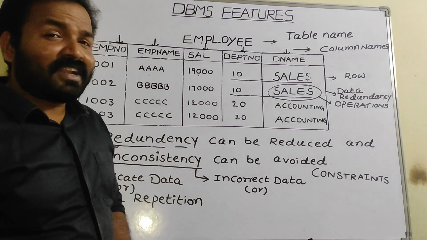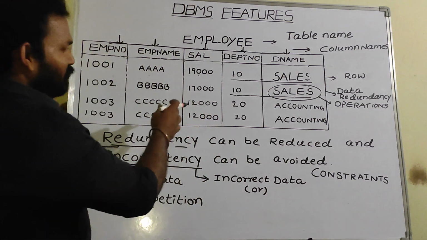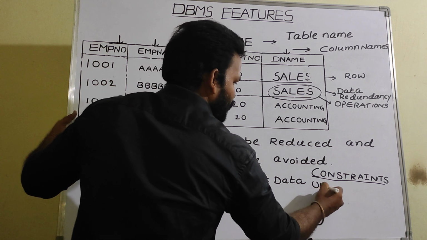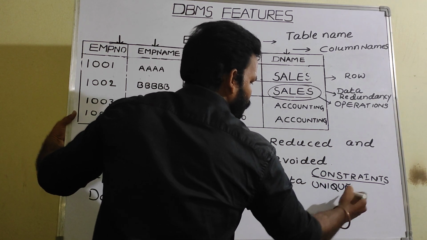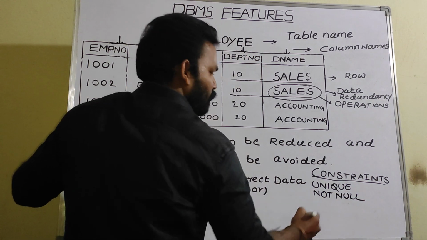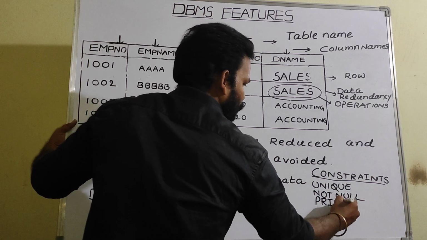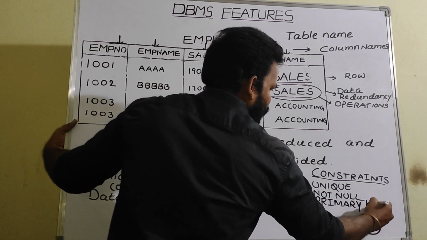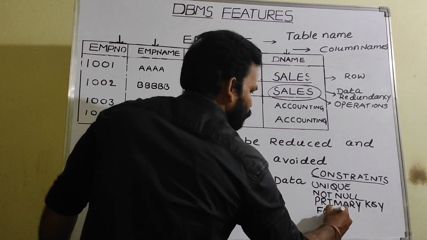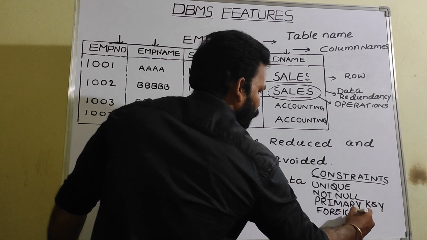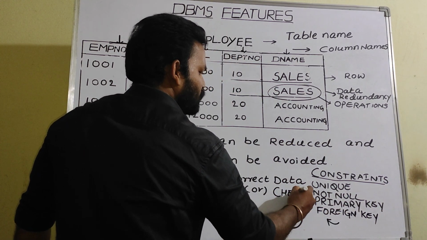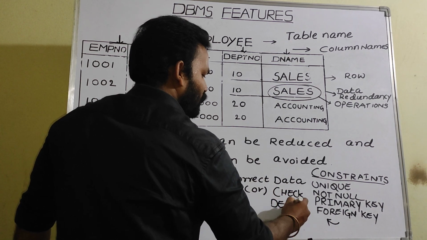So what are the constraints? Unique constraint, not null constraint, primary key constraint, foreign key constraint, check constraint, default.